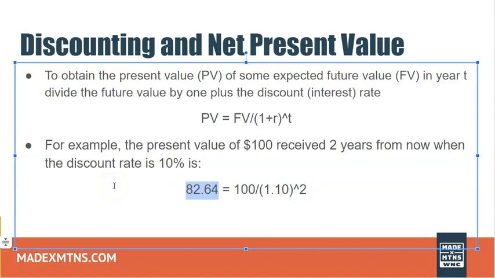So the concept of discounting is that money received or spent in the future is worth less today than if the same dollar amount is received or spent today. Okay, so that's how we can compare different dollar values over time.